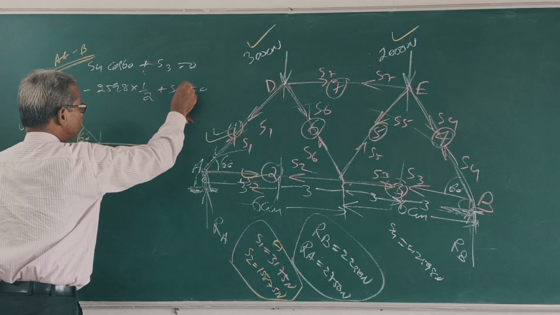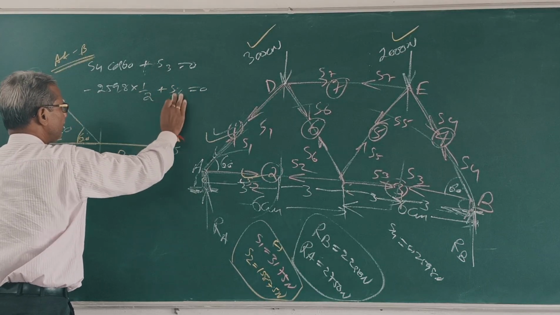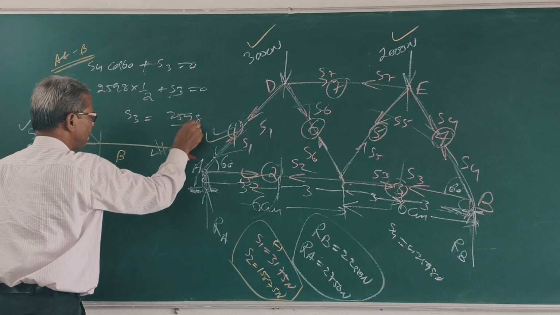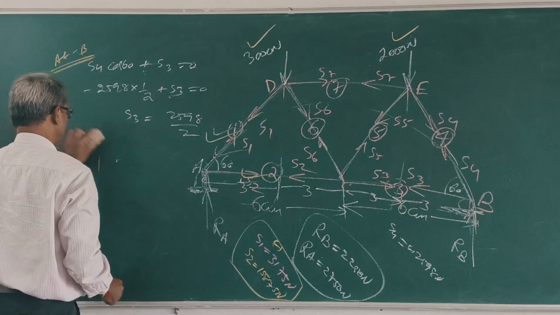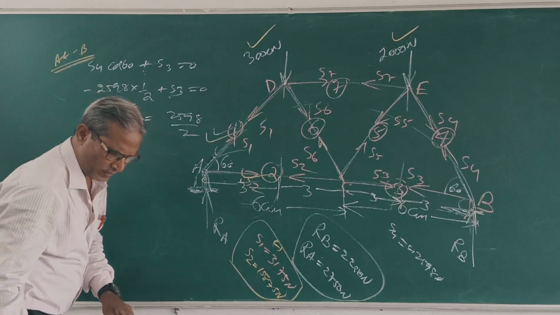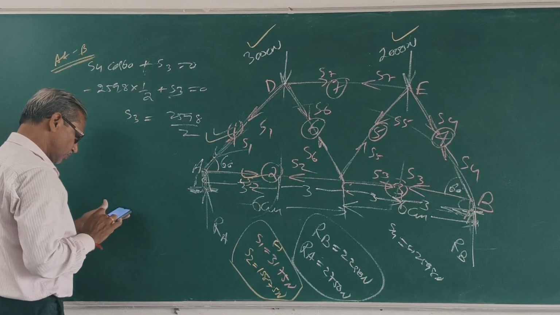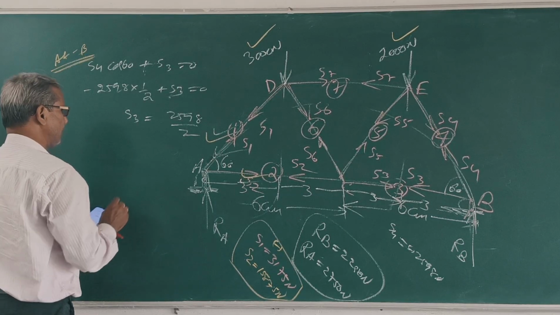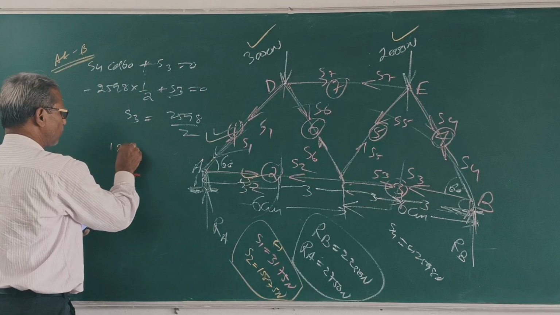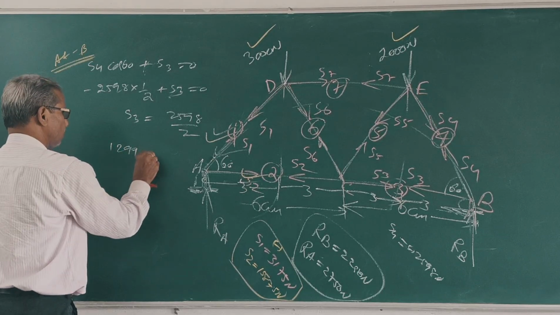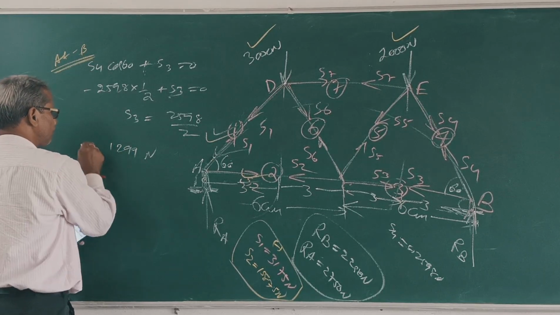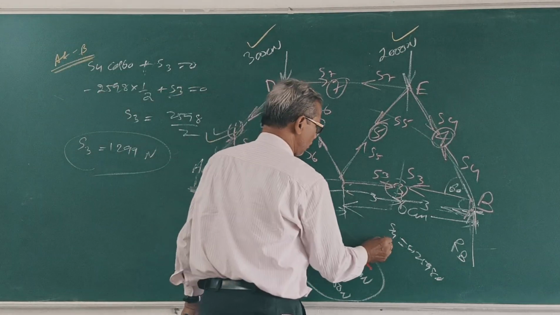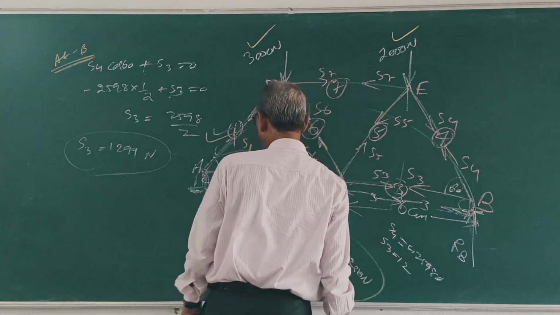Clear? What is S3 equal to? 2598 by 2, which is 1299. 1299 Newton. Clear? So S3 is equal to 1299 Newton.